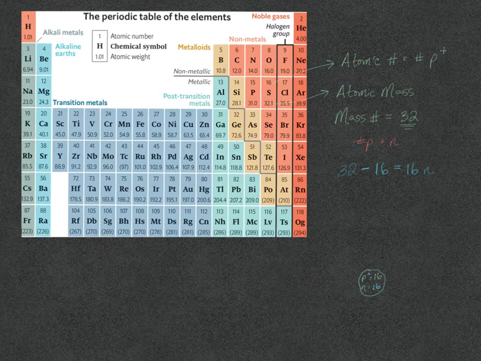Now, the more difficult and most important part of a Bohr diagram is showing how many electrons that element has, and where those electrons are located in terms of the orbitals or electron shells that an atom of that element has.